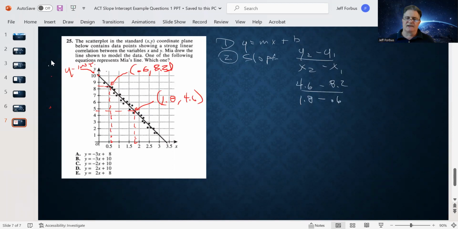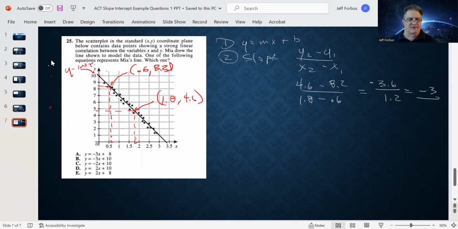Now 4.6 minus 8.2 is going to give us 3.6, and that's going to be a negative, right? And 1.8 minus 0.6 is going to give us 1.2. When you divide 3.6 by 1.2, we get a negative 3. So our slope is going to be negative 3.